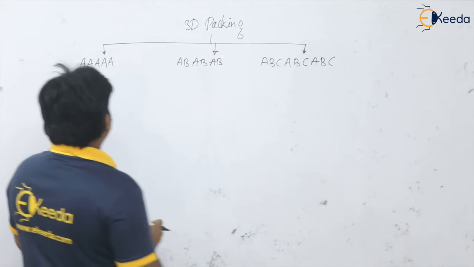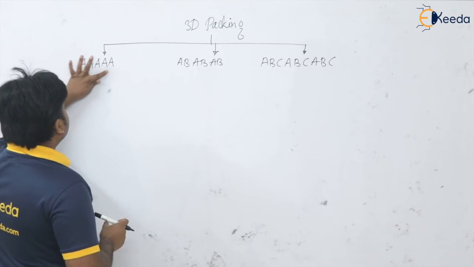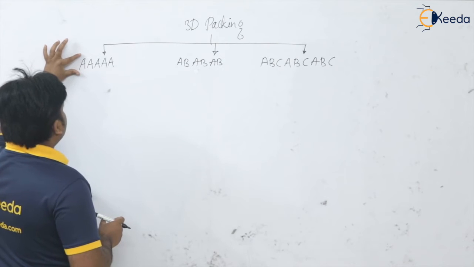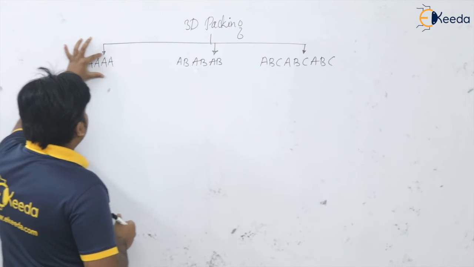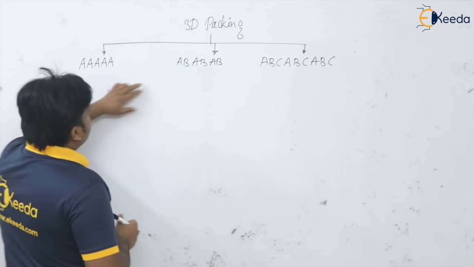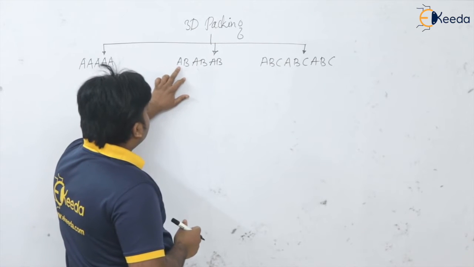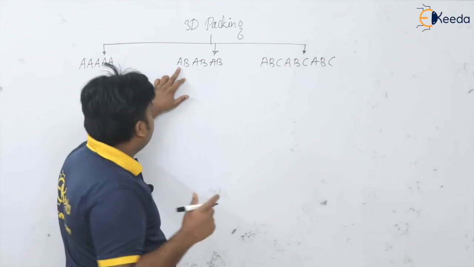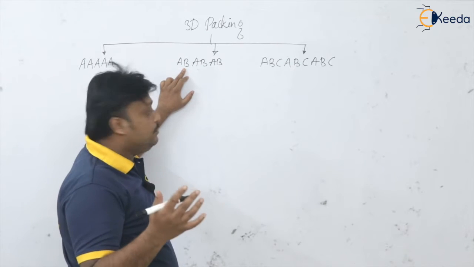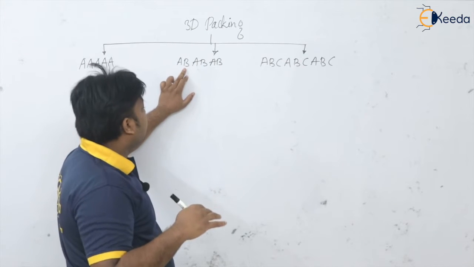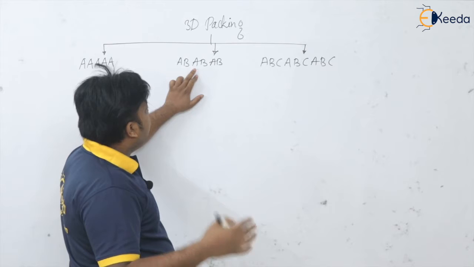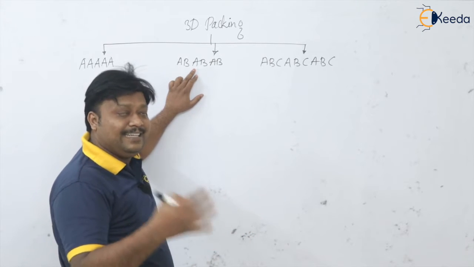So see here, every layer is the same as the first layer, that is, all layers are the same here. If you see here, the first layer is layer A, then the B layer is different from A, and again on that we have this A layer.